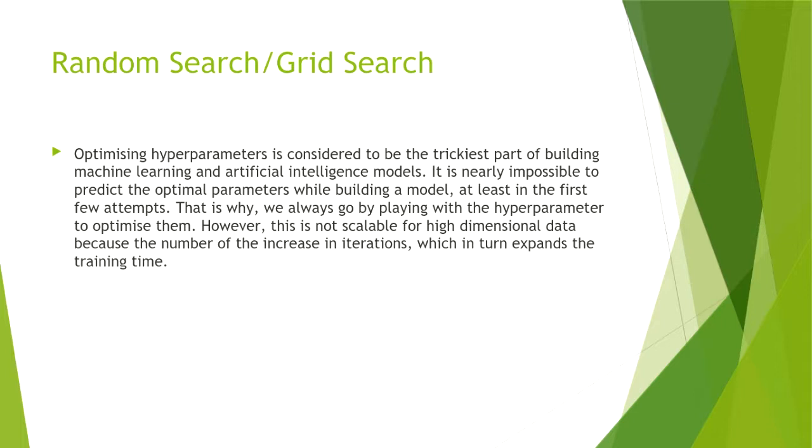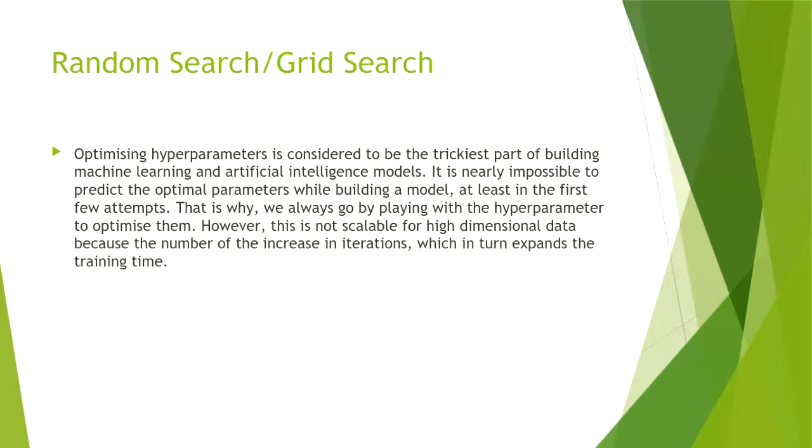And this is one of the trickiest parts when you are building a machine learning or AI based model, because it is very difficult to predict what would be my best optimal parameter values when I'm building the model, at least in the first attempts.